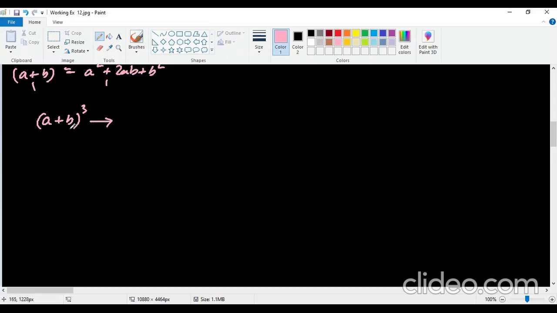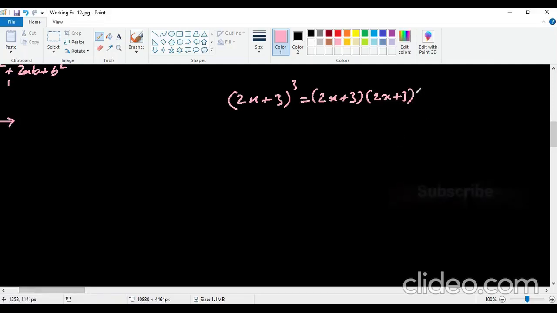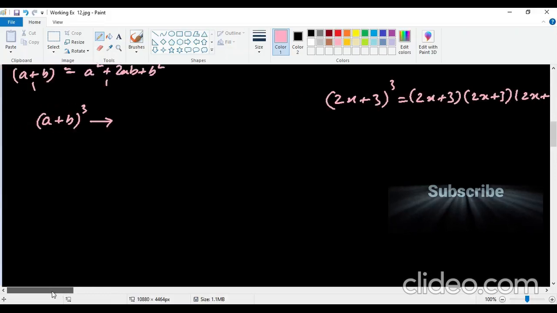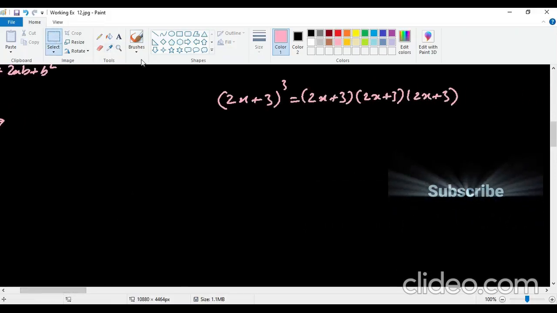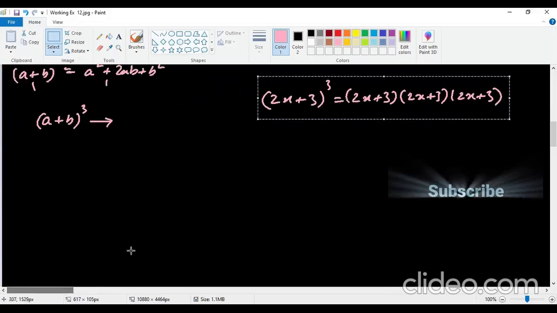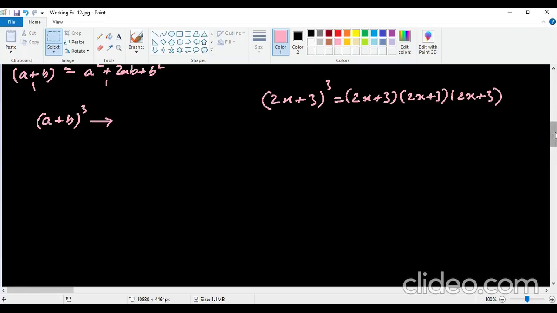For example, if it is 2x plus 3, and I want to multiply 2x plus 3 by itself three times, or in a way, 2x plus 3 is multiplied like this, and again it's going to be multiplied by this once again. So instead of doing this hard work, I want to go for a formula that makes our life easier.